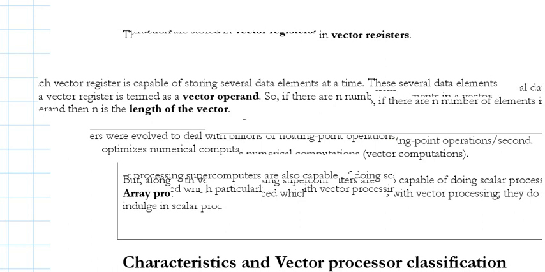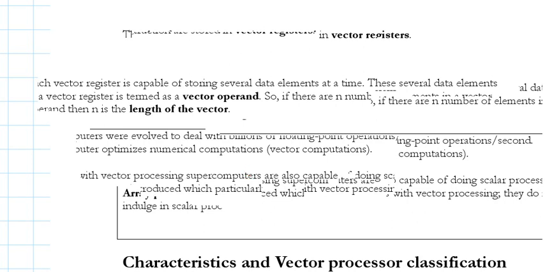Supercomputer optimizes numerical computation. Actually, in a general sense, the supercomputer name is suggestive that it is capable of doing a large amount of computation in a single short span of time. So, vector processors are actually implemented in supercomputers also.